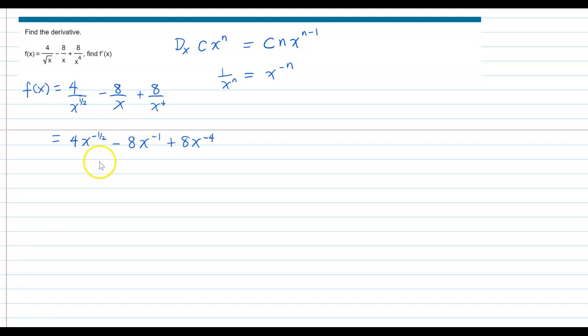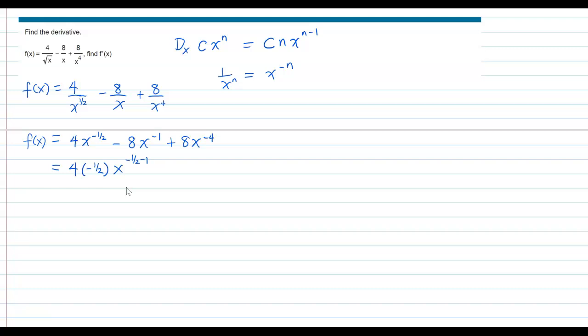Now that we're able to rewrite our f of x in the form of cx to the n, we're ready to differentiate this. So applying this formula to the expression here, we have 4 times negative 1/2. So you bring down the exponent, and then copy the base, which is x, and then subtract 1 from the exponent.